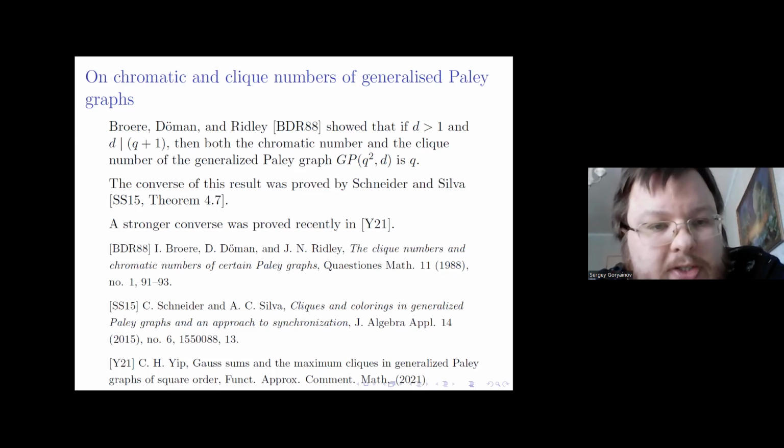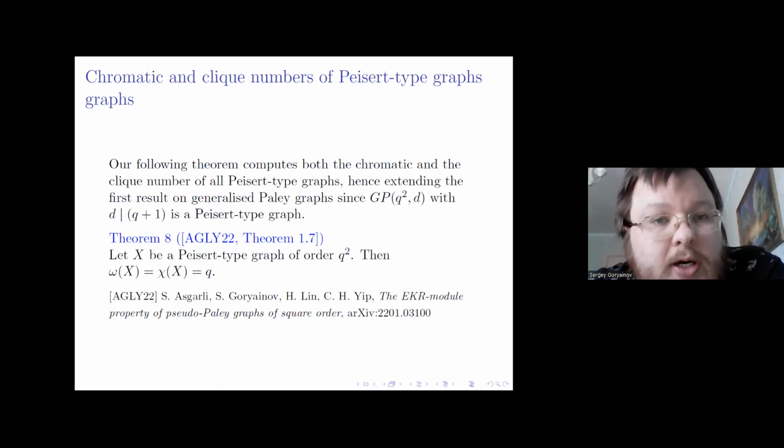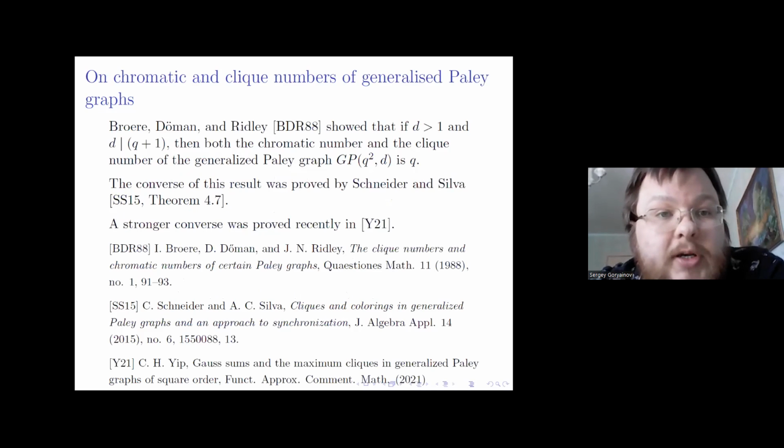So these results were already discussed today. Our following theorem computes both the chromatic number and the clique number of all Peisert-type graphs, hence extending the first result on generalized Paley graphs by Brouwer, Dorjnyambuu, and Ridley.